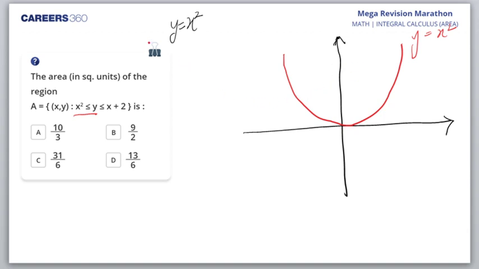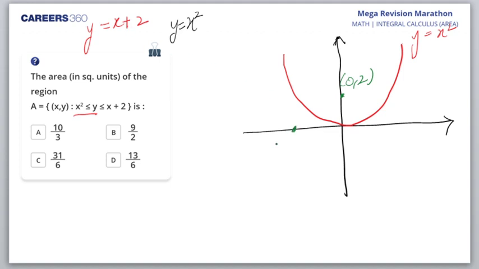Now the next curve would be of y is equal to x plus 2. That's a straight line with slope 1 and y-intercept 2. So if we try to make the graph of this function, I'll make the point 0, 2, that's the y-intercept, and again I'll find out the x-intercept as well. X-intercept means where y is 0. The y is 0, that means x equal to minus 2.